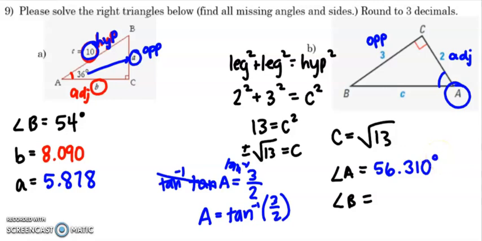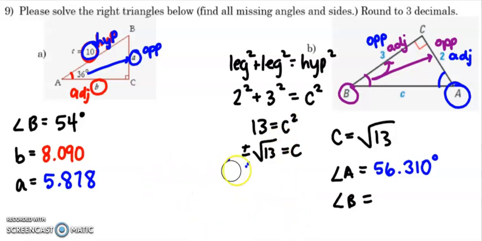Okay, then let's talk about finding angle B. Here's angle B. 2 in relation to angle B is now the opposite side, and 3 is the adjacent side. So to find angle B, I'm going to do a similar process relating opposite and adjacent, except this time instead of A, I've got B. So tangent of angle B is going to be equal to the opposite over the adjacent.